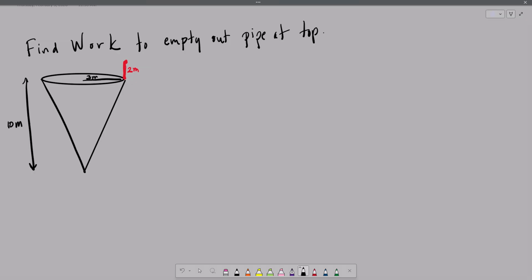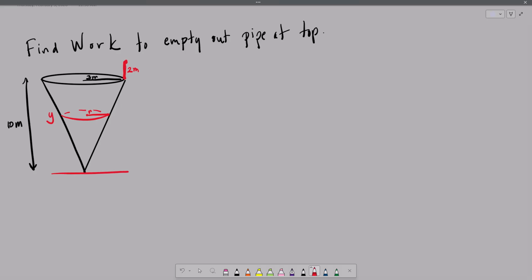Okay, so here we go. We need a representative cross-section, so I'm going to draw that representative cross-section at a random y. We don't know the radius at this random y, so we have to find it. We're imagining a coordinate system.